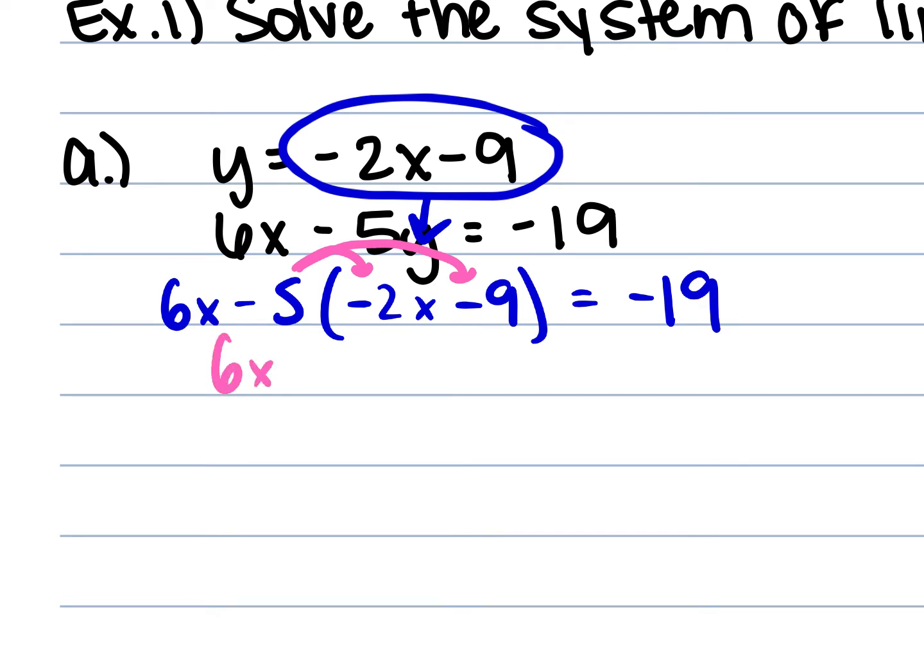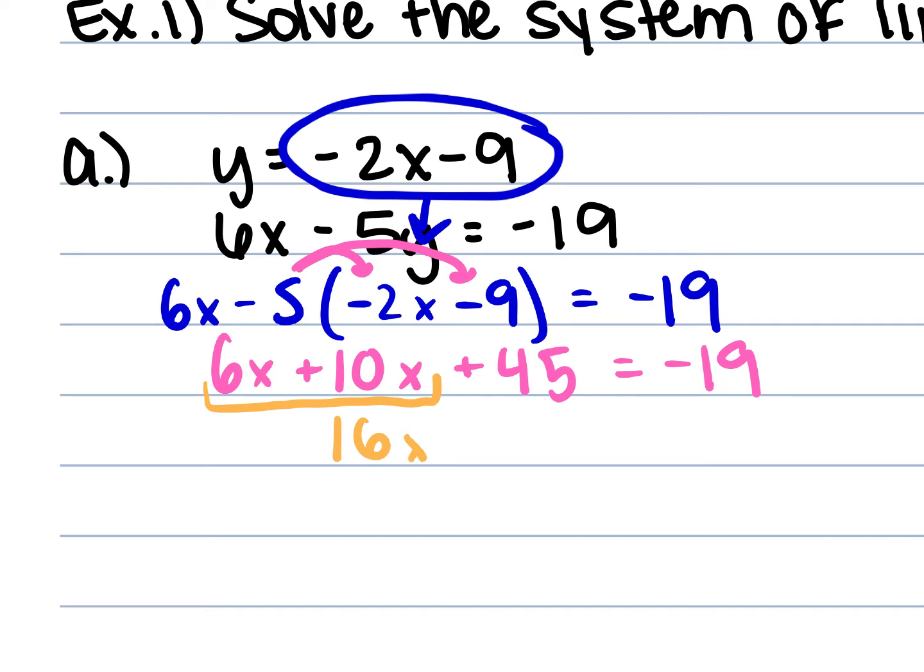So 6x, negative 5 times negative 2x becomes positive 10x, and then negative 5 times negative 9 would be positive 45 is equal to negative 19. So I distributed. What can I do next? Combine like terms. When I have like terms on the same side of the equation, I just add them together. So 6x plus 10x would be 16x.